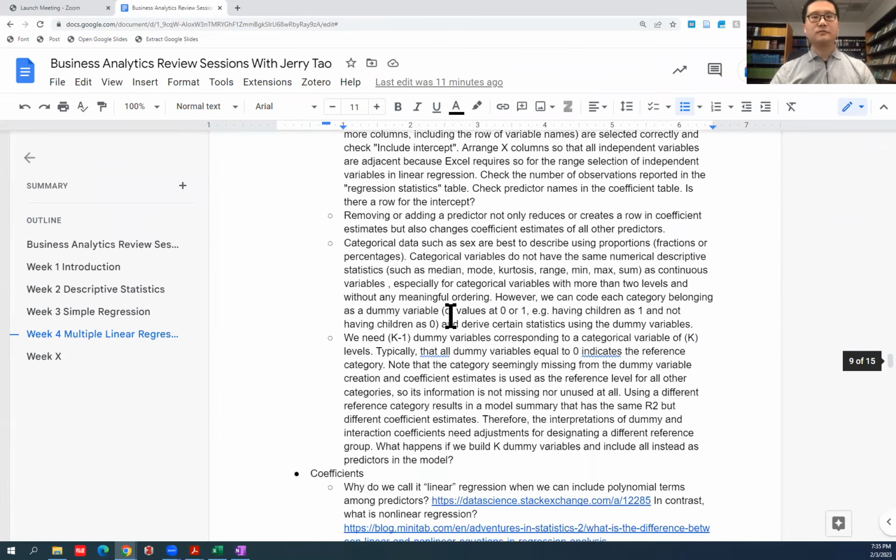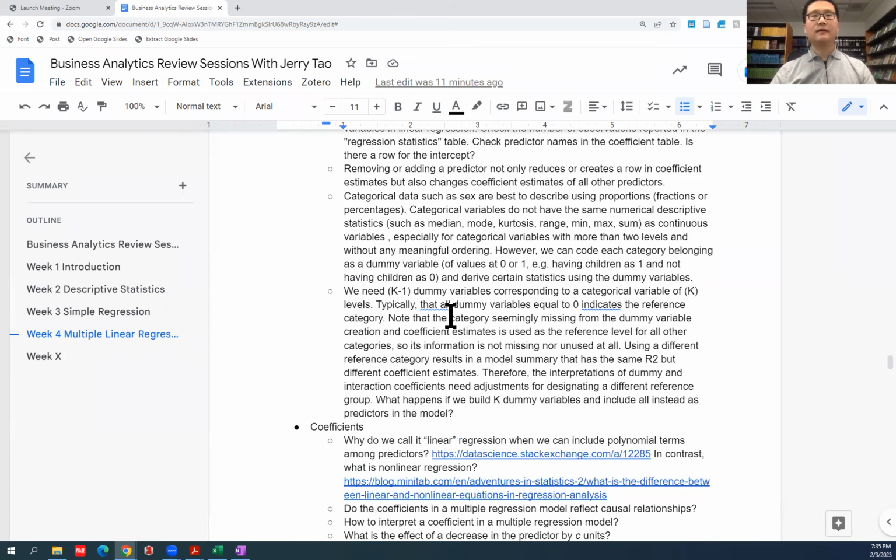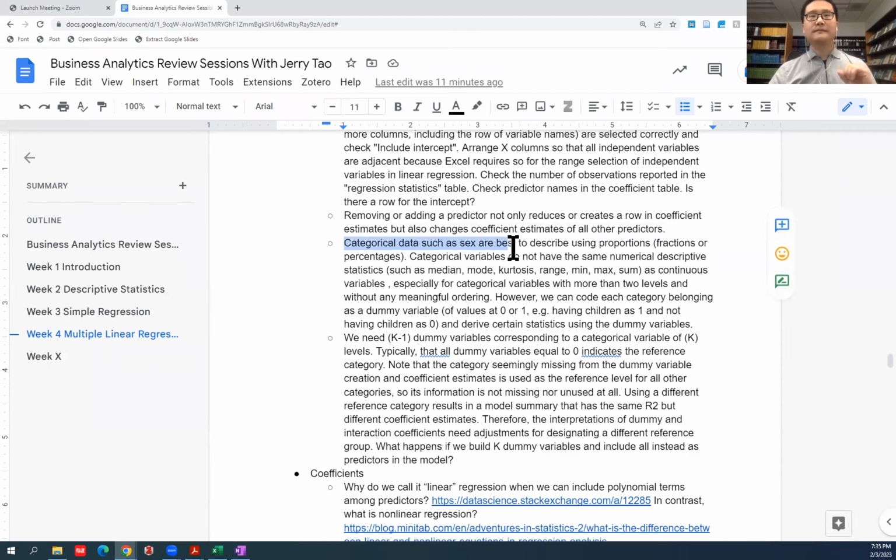Before that, let's review my notes on the categorical variable building. For a categorical variable such as sex or city here, in real data analysis projects we could describe its descriptive statistics, usually using proportions, just like in frequency tables, because we do not have median, mode or other statistics that apply to a continuous variable.